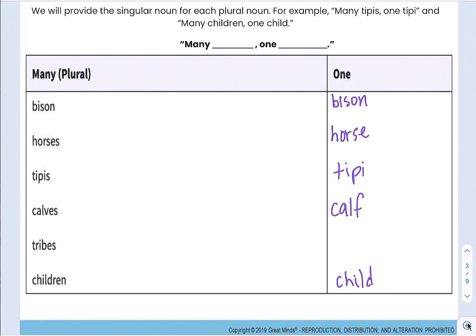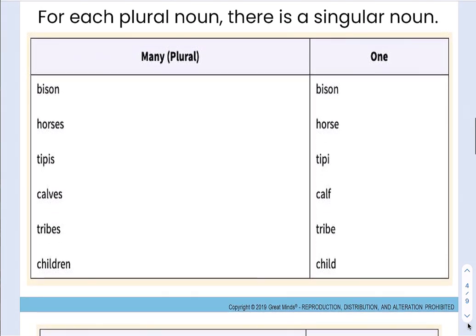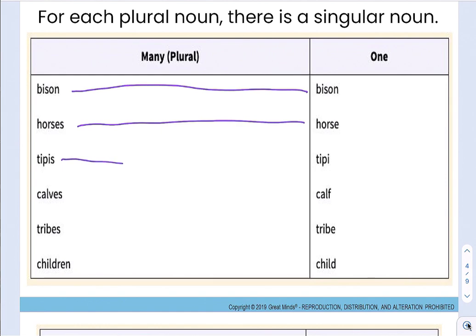Many tribes, one tribe. For each plural noun, there is a singular noun. Plural again means more than one, and then singular means just one.